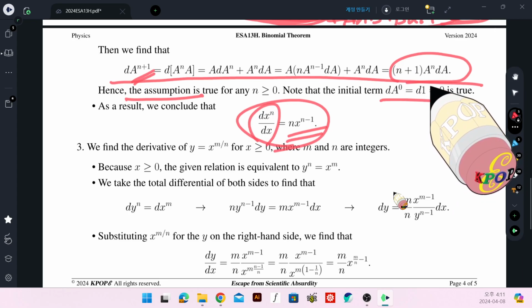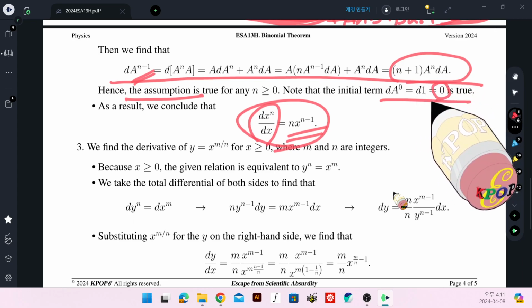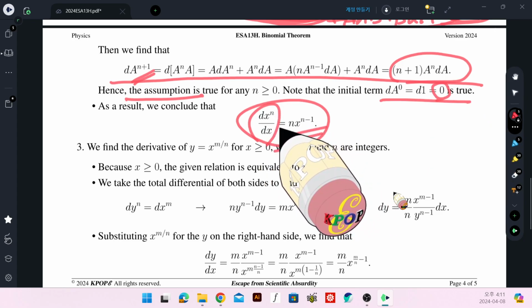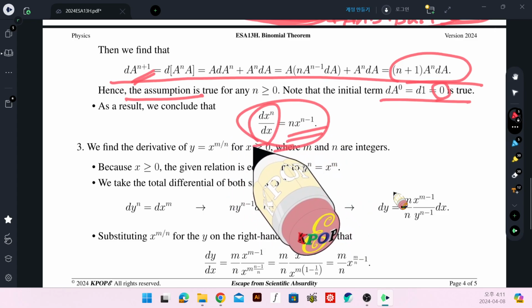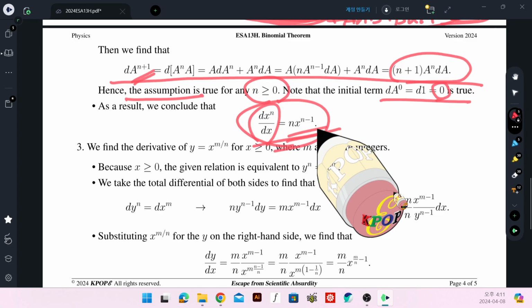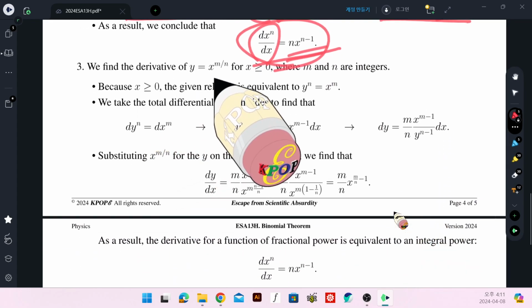A constant does not have any differential, it is identical to 0. So when n equals 0, this factor becomes 0. So this formula is valid for any non-negative integer. We find the derivative.